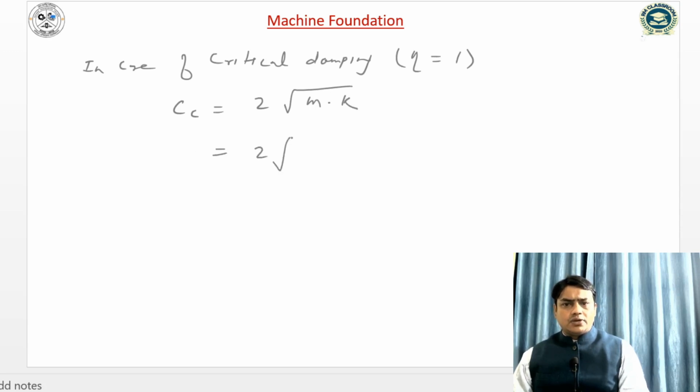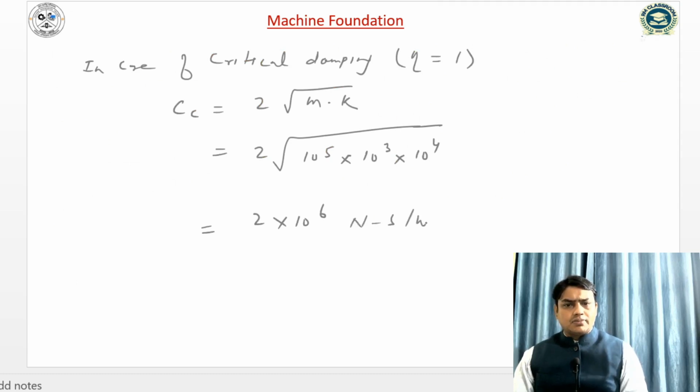If I put the values, 2 into square root of 10 to the power 5 into 10,000, that is 10 to the power 4, this will be 2 into 10 to the power 6 Newton second per meter, or we can write 2000 kilonewton second per meter is the value of critical damping.